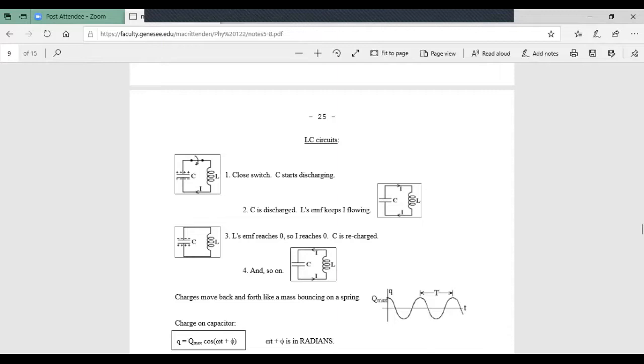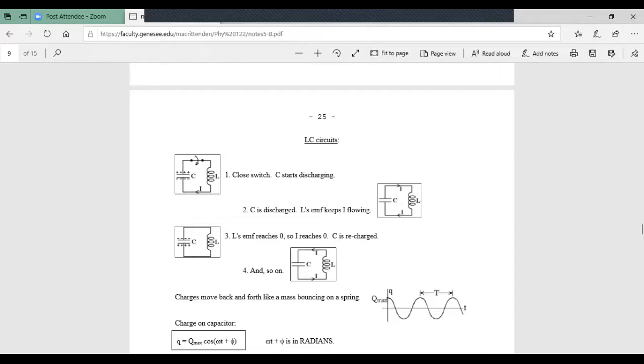The magnetic field of a coil is proportional to the number of amps flowing through it. The more amps, the stronger the magnetic field around it. So as the current coming out of the capacitor builds up, the strength of the magnetic field builds up. And fields contain energy. As the capacitor discharges, its electric field gets weaker and weaker.